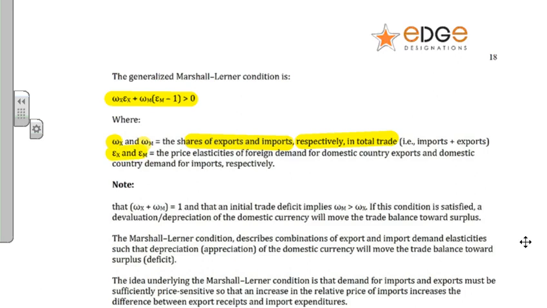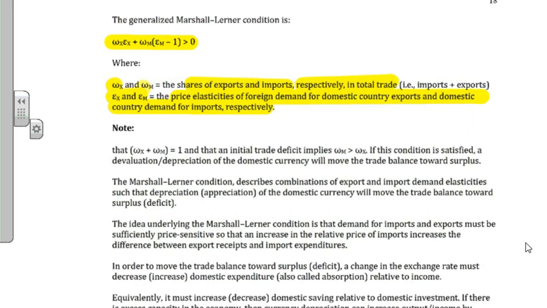EX and EM, the E of course being the price elasticities of foreign demand for domestic country exports and domestic country demand for imports. In other words, how elastic is the demand? What do we note? That the shares of exports and imports equal 1.